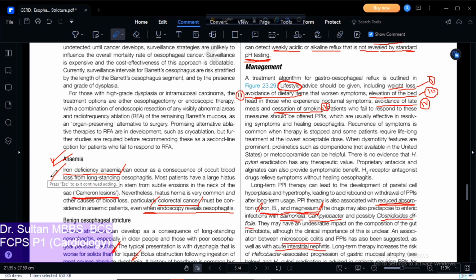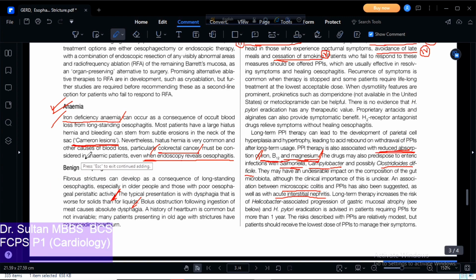On routine investigation, the complete blood count shows hemoglobin is reduced and it is microcytic hypochromic anemia. On endoscopy, there is esophagitis. So you have to exclude colorectal cancer by doing colonoscopy. This is an important part of management.